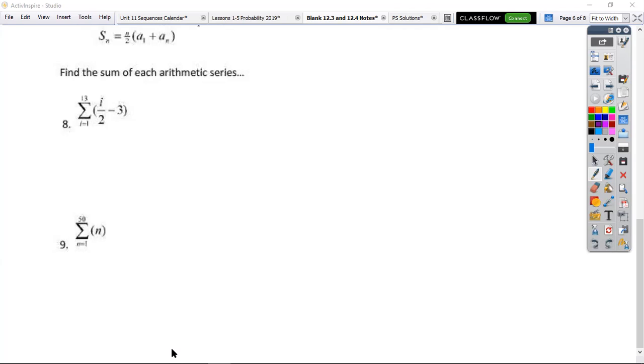Again, for all the variables, just use X. So x equals 1, and this one goes all the way up to 50. Then I type X, and I get 1,275. How does everybody feel with that? Pretty good?